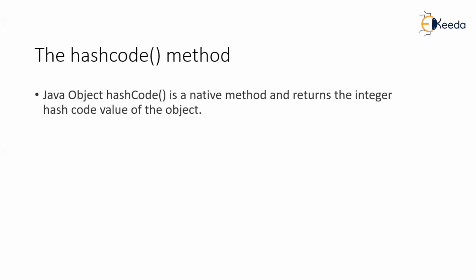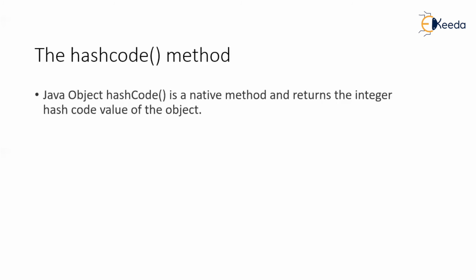Why is this so? Because whenever we call the equals method for two objects, internally the hashCode method is called for every object. For example, obj1 and obj2: I compare them as obj1.equals(obj2).